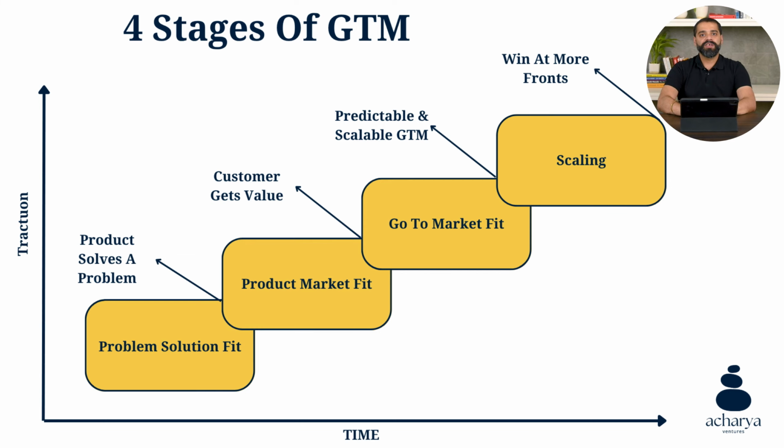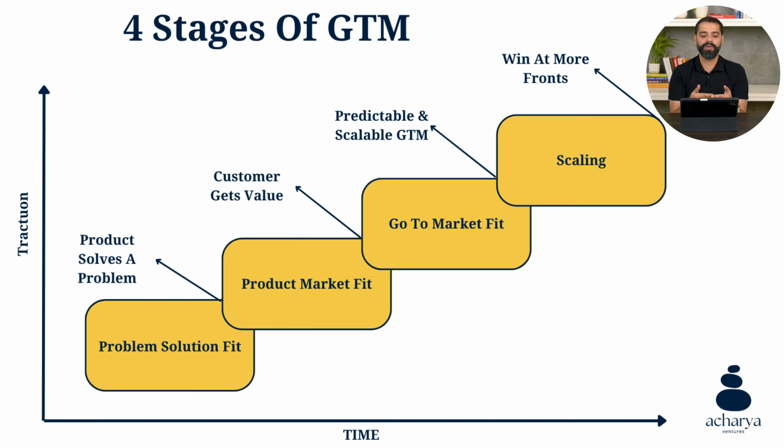Now your GTM strategy is going to change according to the stage, the life cycle of your company, right? At the initial stage, while you are still doing problem-solution fit, you're going to have a different GTM, one which caters to your early adopters. Once you have your early adopters, you've proven the business model, you understand that the product has demand, you reach a place called product-market fit.